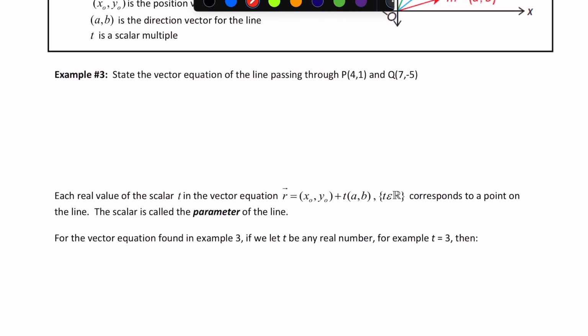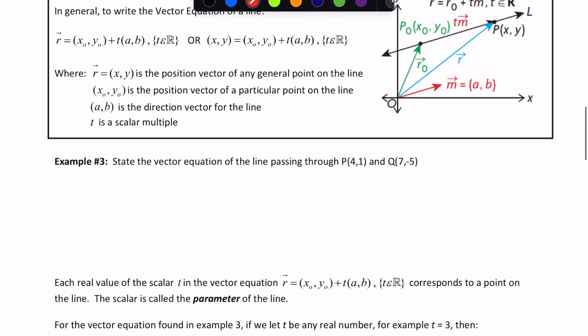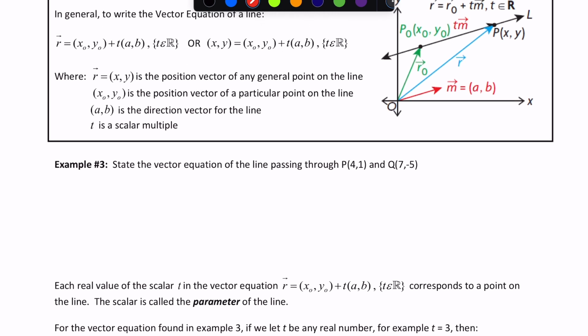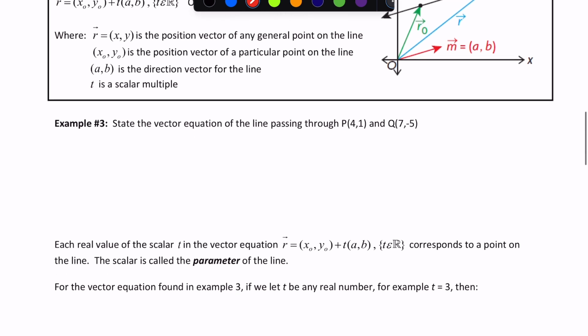Okay, so example number 3 here says, state the vector equation of the line passing through point (4, 1). Okay, so here we see that our direction vector m is equal to delta x and delta y, which is again our q minus p.